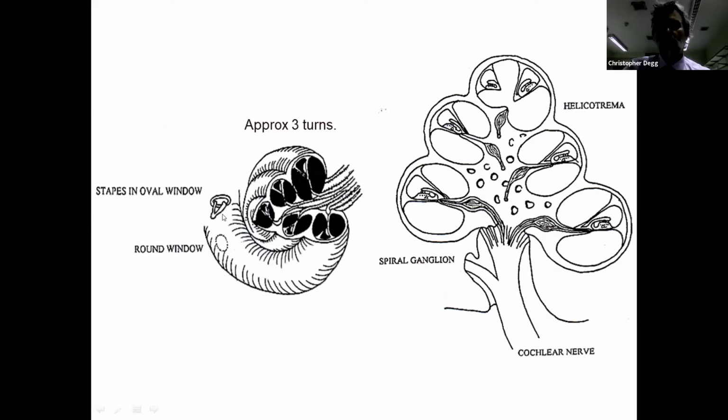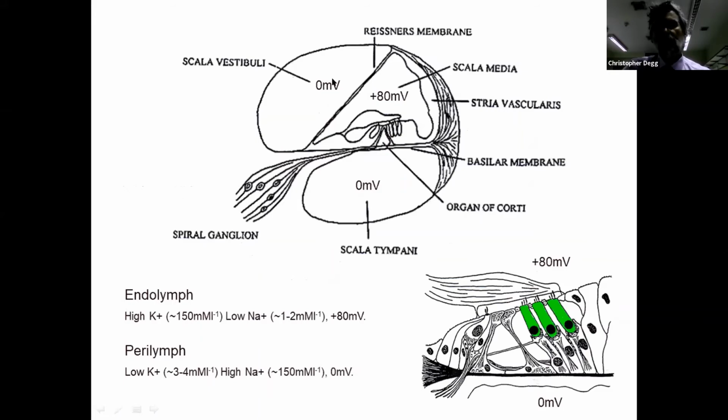So then if we go into the cochlea, it's like a snail shell. And there's three chambers. There's a top one, a bottom one, and a middle one that run up the whole length of this snail shell. And if we just take one cross-section and take a closer look at it, we have the top tube and the bottom tube, which are actually joined together right at the apex of that snail shell.